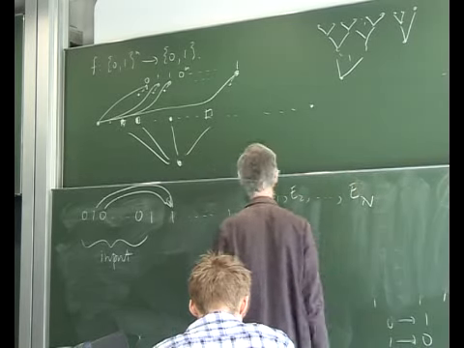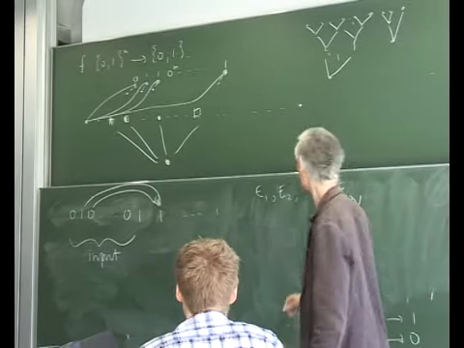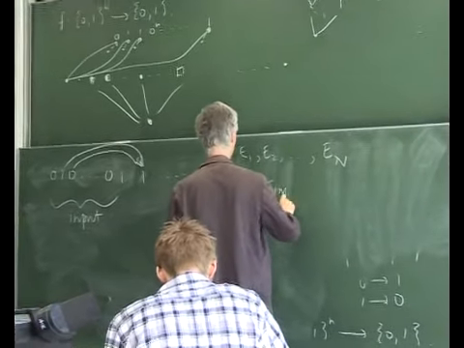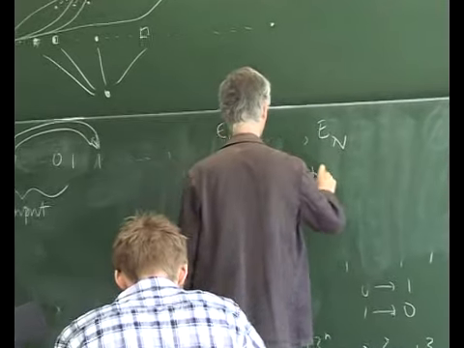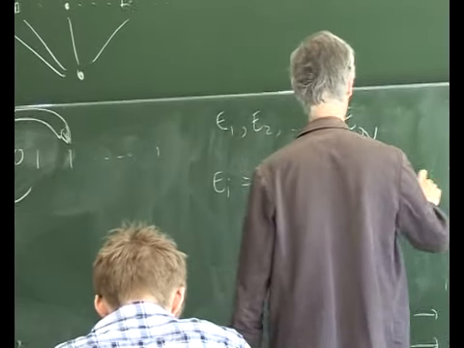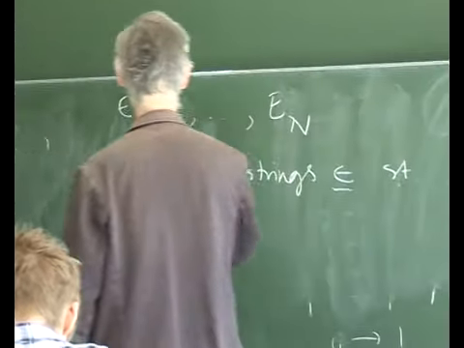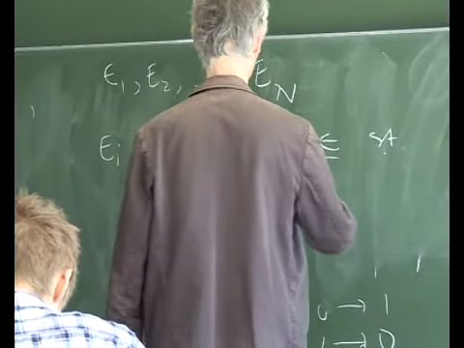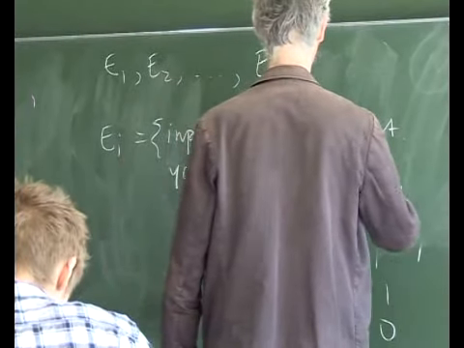What is Ei? Ei equals a set of input strings epsilon such that you get 1 in position i.